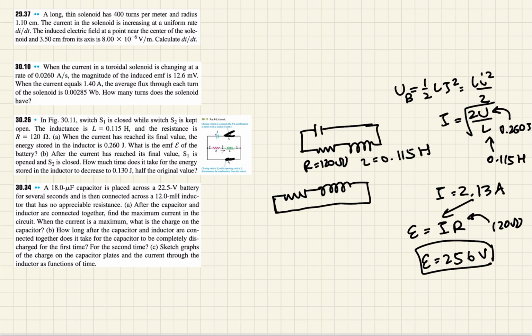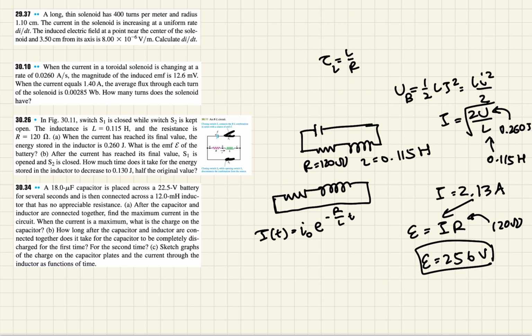We know the formula is current equals initial current, or EMF over R, but EMF over R is already 2.13, so we can just write initial current times e to the power of negative t over tau L. Tau L is L over R, so you can also rewrite this as negative R over L times t, because 1 over tau L is R over L.